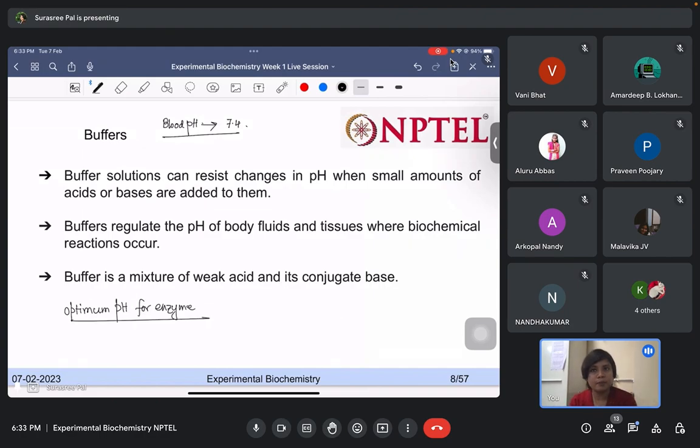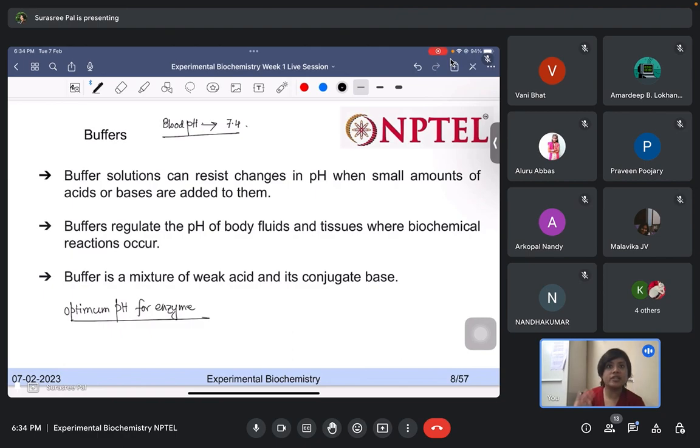So this optimum pH exists for all enzymes, and not only that, there are several biomolecules which are also dependent on the pH. So they need to be present in a stable pH. For example, our DNA, nucleic acids, and other molecules, like for example proteins, they should be present in a particular pH, otherwise they will not be functional.